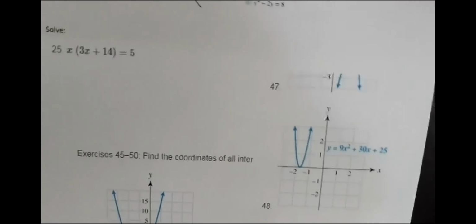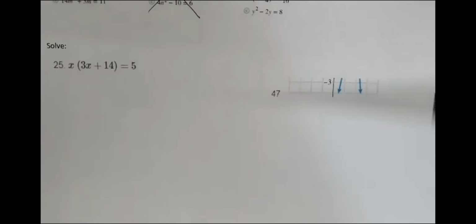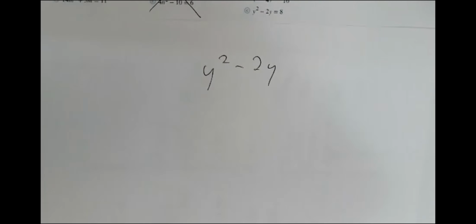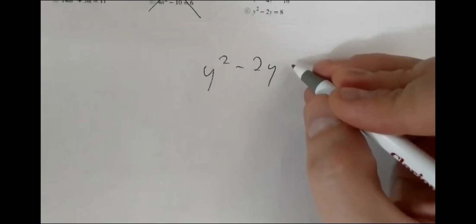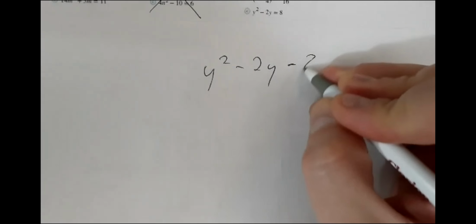Okay, so y squared minus 2y equals 8. The first thing I want to do is see if this thing's factorable. So I have to do what to this thing? Set the equation equal to 0 first.